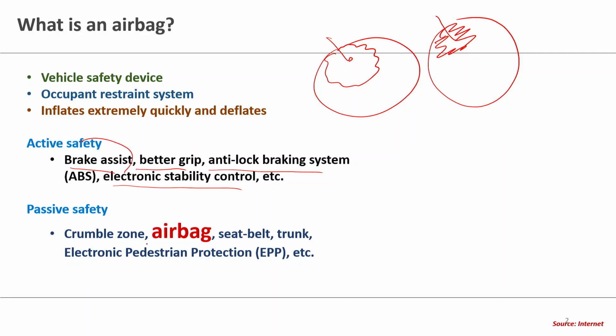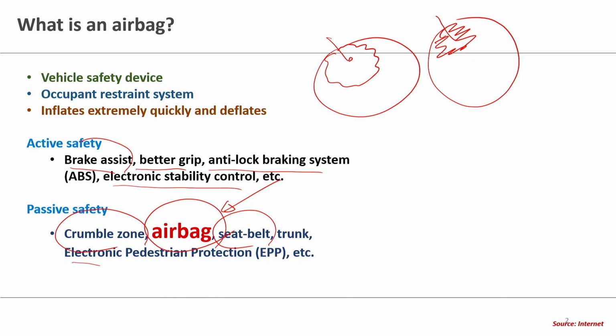These are crumbling zones, the airbag which is the point of discussion here, then seat belts, trunks, electronic pedestrian protection.